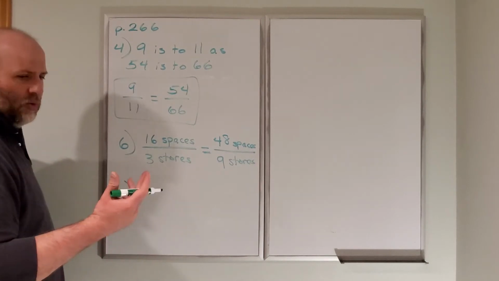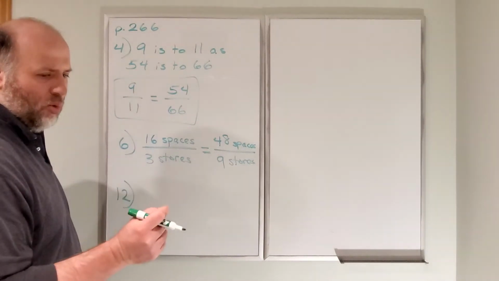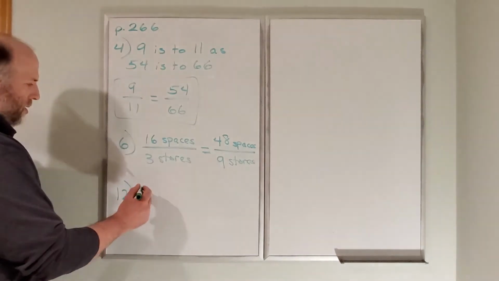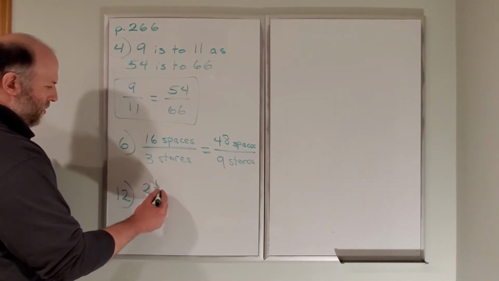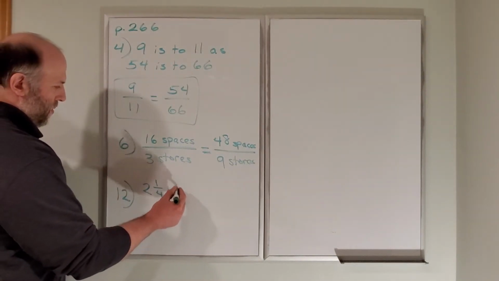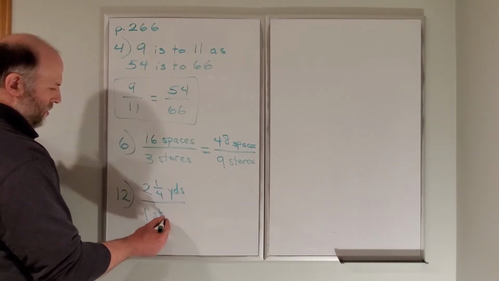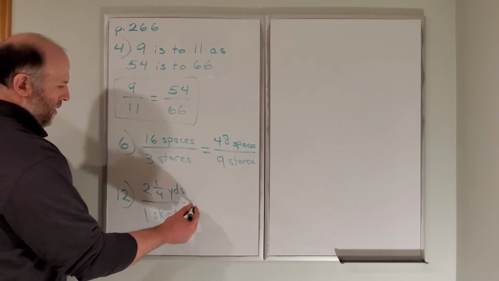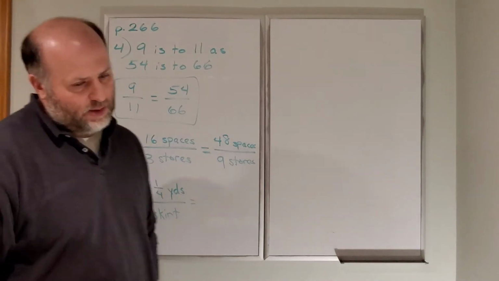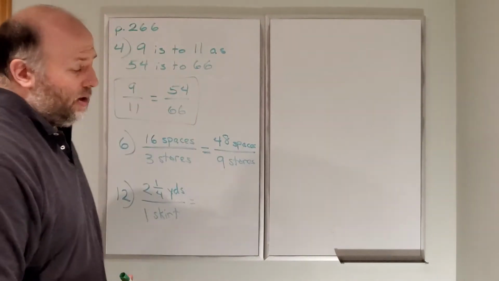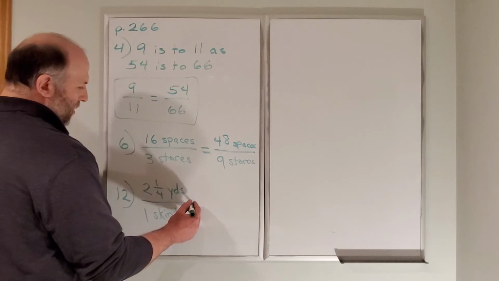So the first rate they give you is 2 1/4 yards is to 1 skirt, as, what do they have? 9 yards is to 4 skirts.